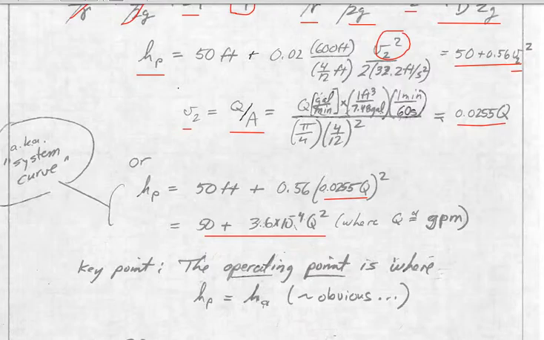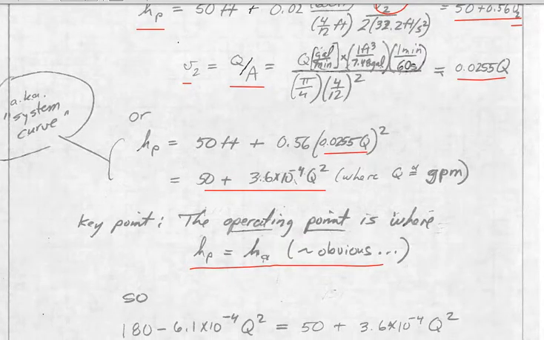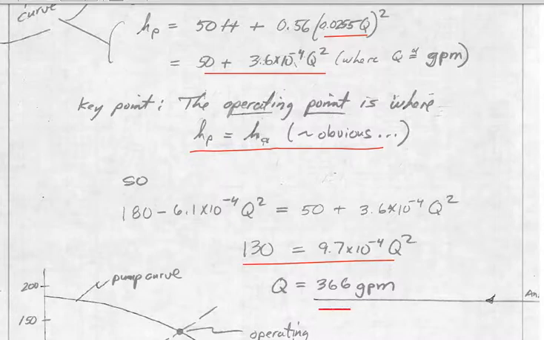That's kind of obvious, but here it is. If we solve that algebraically and take the square root, we'll see that Q is operating at 366 gallons per minute.